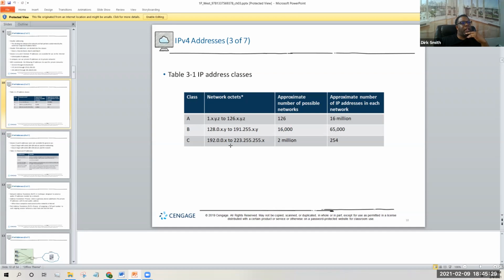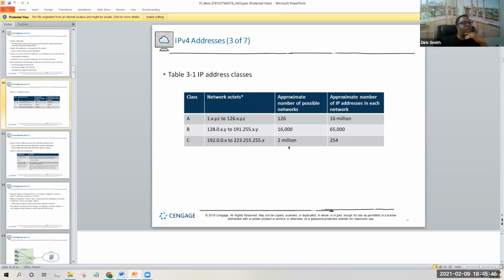In the Class B network, same thing. This is how many networks you can get, 16,000. But then you can only get 65,000 computers on your network. Class C, which is very, very popular. A lot of people use these, a lot of companies use these.